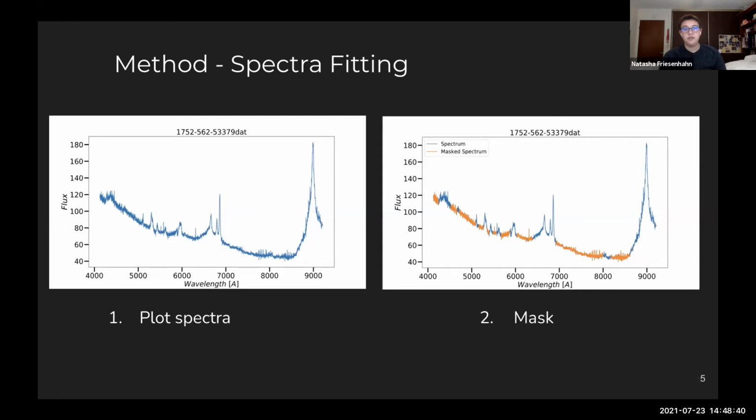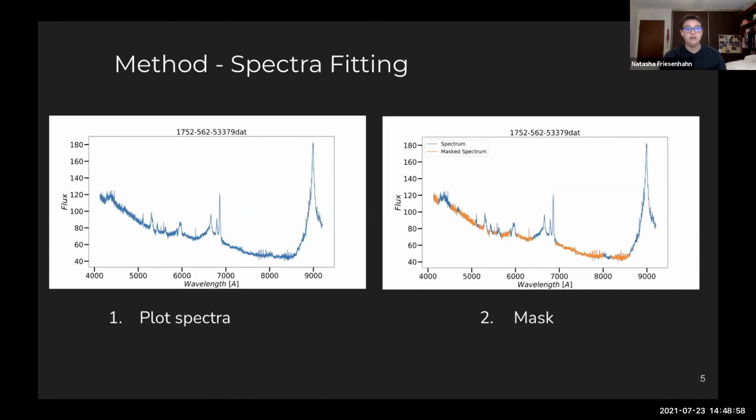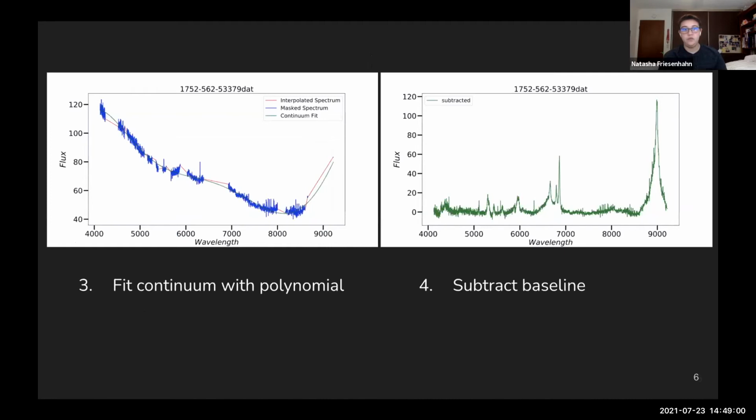The first step to actually fitting these lines is to mask out the emission lines and interpolate the data in the gaps that are left in the continuum. In the plot on the right, you can see the emission lines in blue, and what's left of the continuum is in orange. And here's the fit of the continuum in purple, with the orange being the interpolated data, and the green line is the polynomial that we use to fit the continuum.